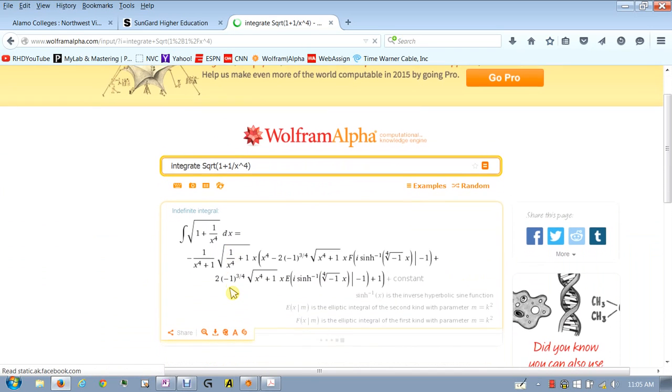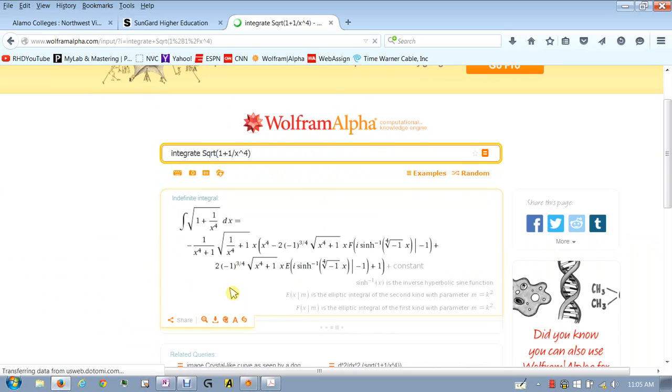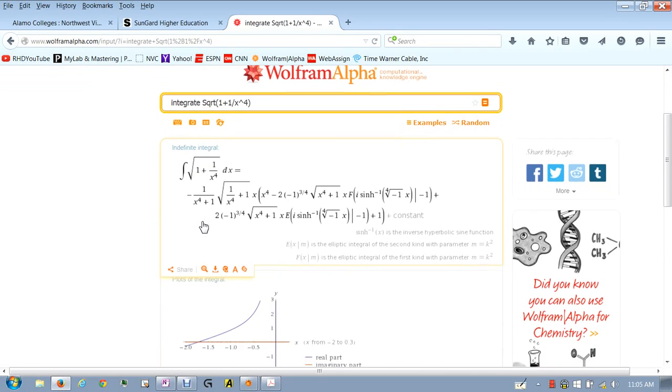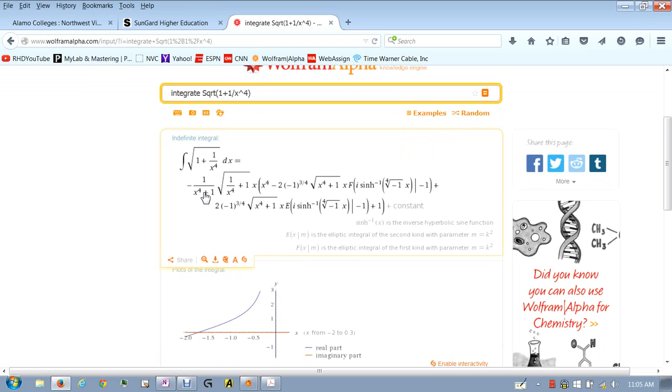Right, that's it right there? The antiderivative is just what? This, and then what's capital F of I, hyperbolic sine inverse of that, and then E. Oh, the F is the elliptic integral of the first kind with parameter m equals. What in the world are they talking about, right?